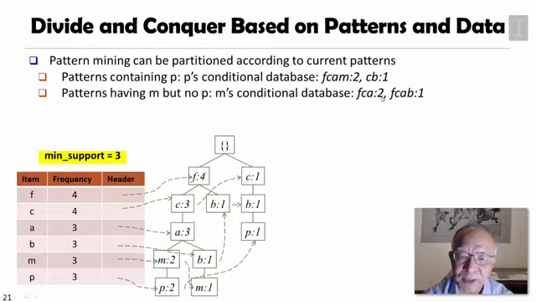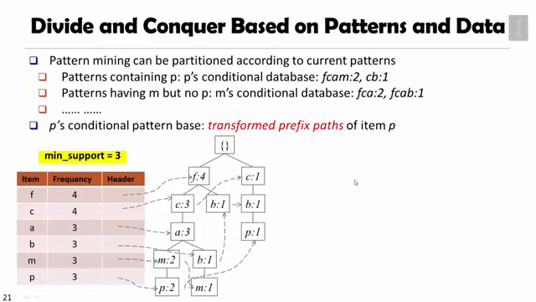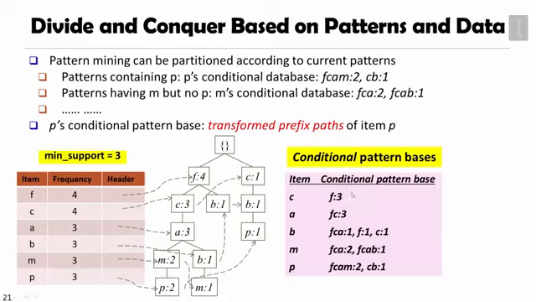That's why you get FCA:2. For the same reason, you look at this M, you get FCAB:1. You can do this on and on. Then with this, you can transform the prefix paths of P. You get the following. Then the remaining task is just to mine this conditional pattern base.